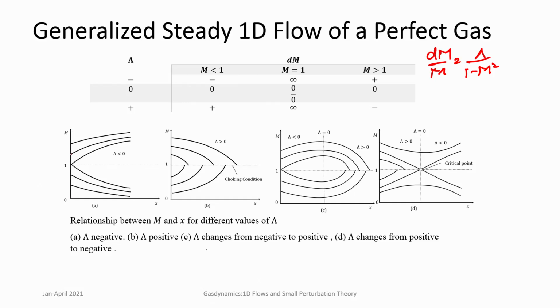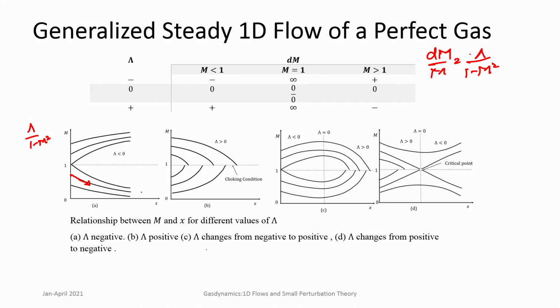So, if you begin with a subsonic Mach number, that is Mach number less than 1, and lambda is negative, then lambda by 1 minus M square, with M less than 1, is going to be negative, so dM by M will be negative, that means Mach number will continue to reduce.